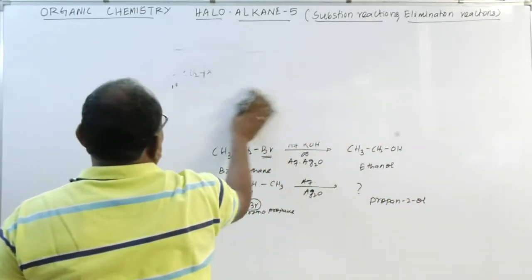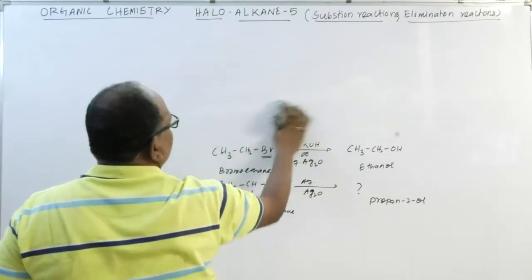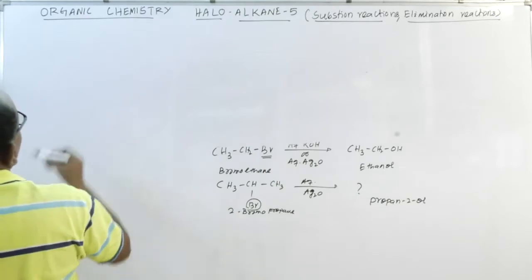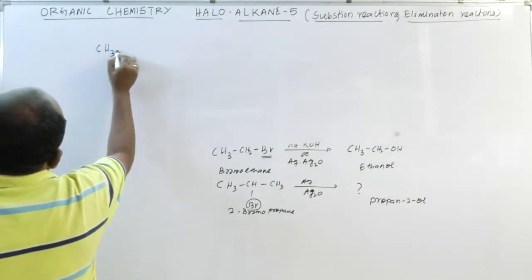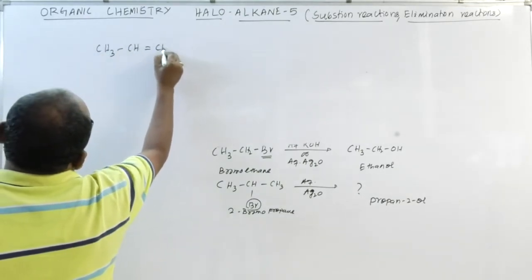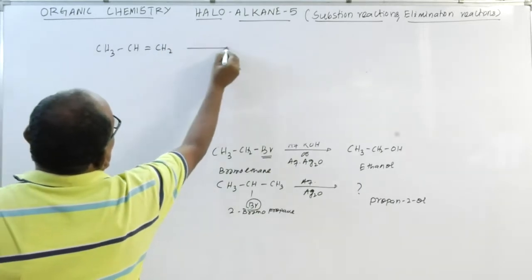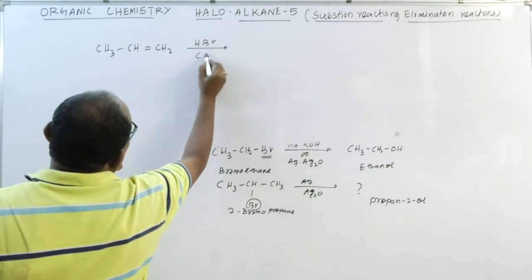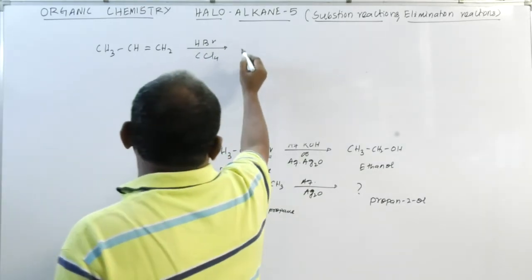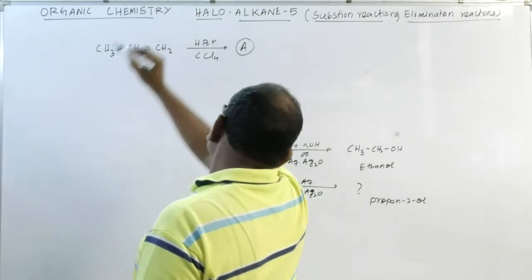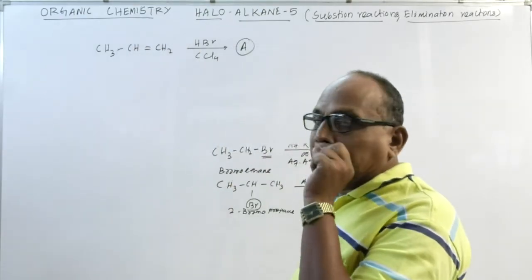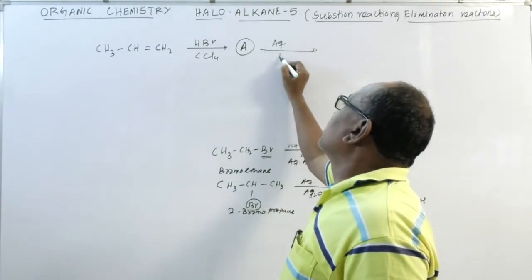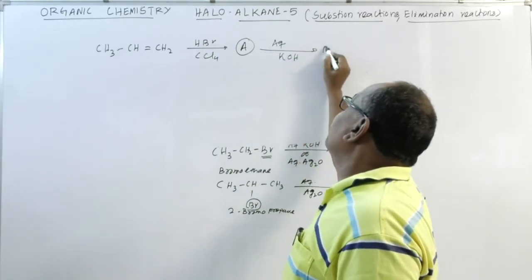Suppose this is given to you: CH3-CH=CH2 is treated with HBr in presence of CCl4, and this gives you A. And when this A is treated with aqueous potash, it gives B.